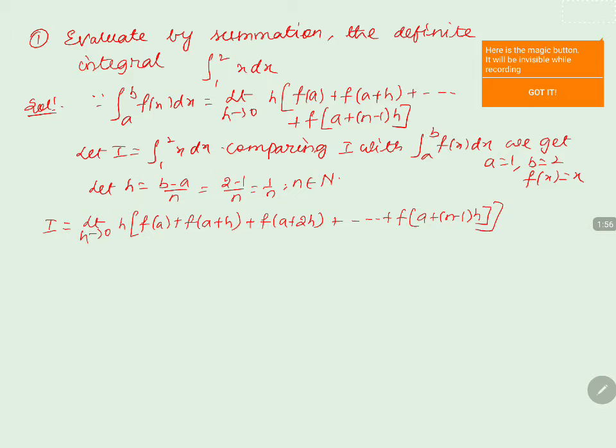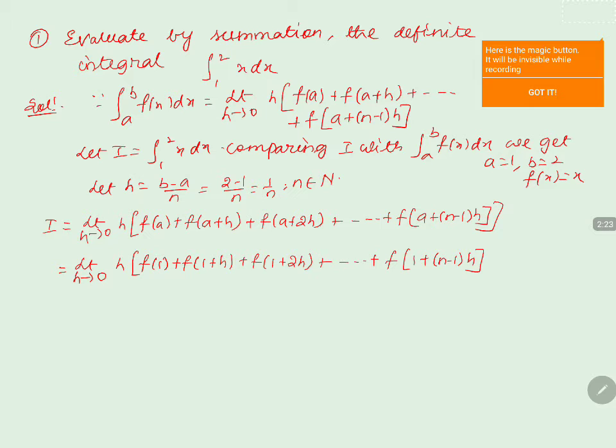Then this can be written as the limit as h tends to 0 of h into f of 1 plus f of 1 plus h plus f of 1 plus 2h plus so on plus f of 1 plus n minus 1 into h.